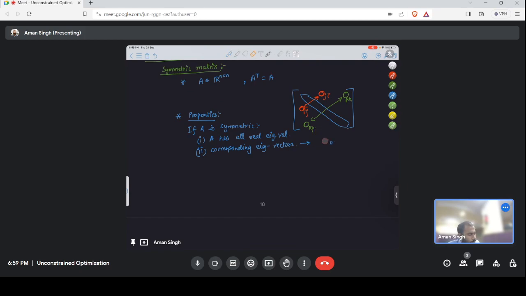So all the eigenvectors are orthogonal, and they can be chosen to be orthonormal. That is, you find some vectors and just divide them by their norms, and you get the orthonormal set of eigenvectors.